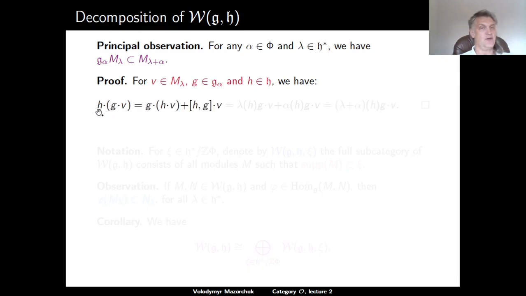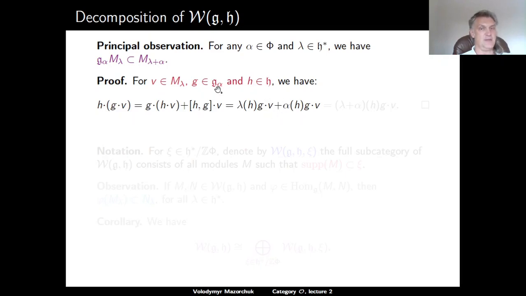To do this, we commute h past g. The price to pay for this is that we have to add the commutator of the elements h and g. When we commute h, then we have g applied to hv, and since v was an element in M_lambda, hv is equal to lambda(h) times v. So altogether we will get lambda(h) times gv.